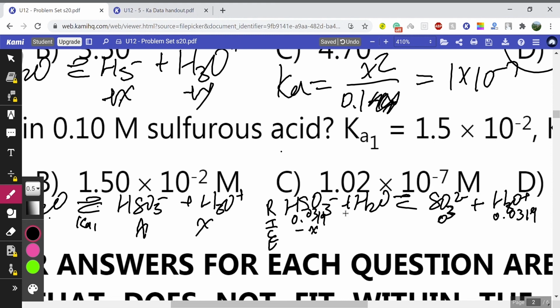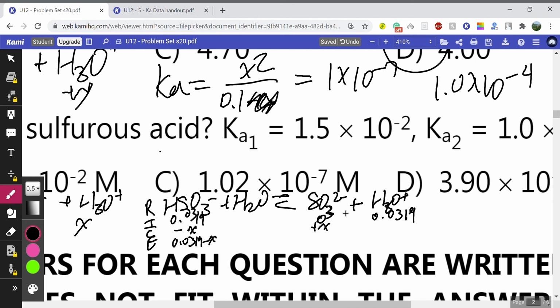This is going to be minus x, making 0.0319 minus x, and these are going to be plus x, giving x over here.